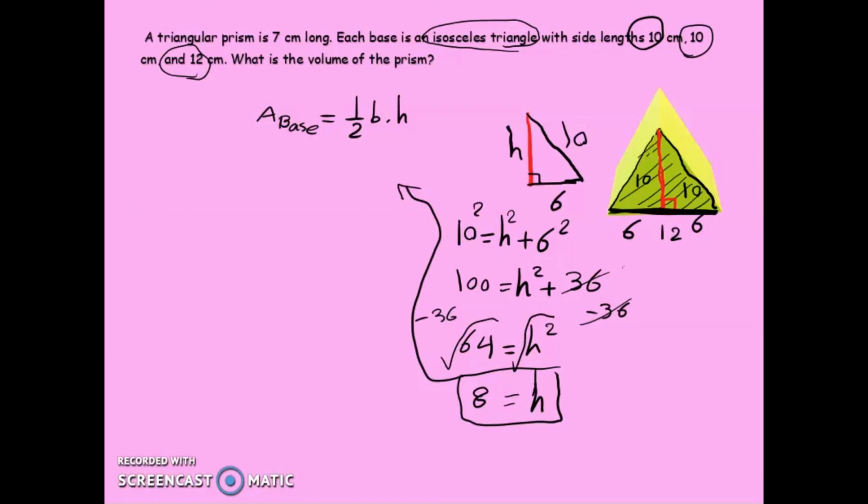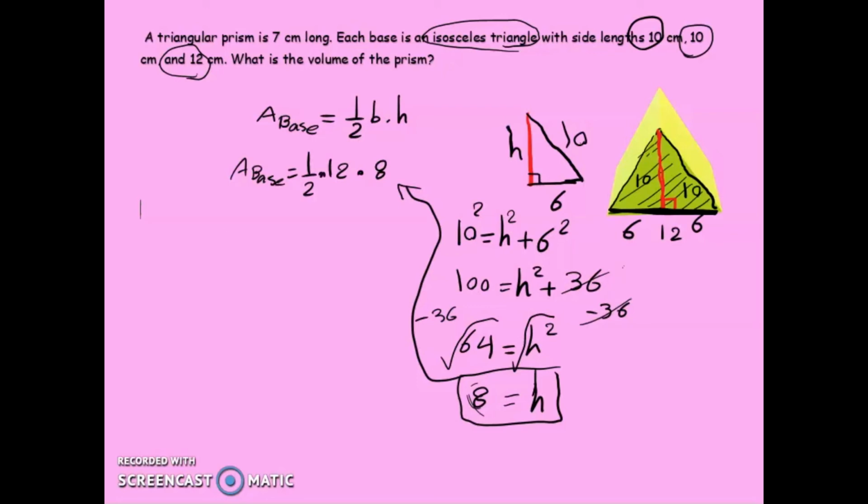The base is 12, and the height, the red one you calculated, is 8. So the area of the base is half of 12 times 8.